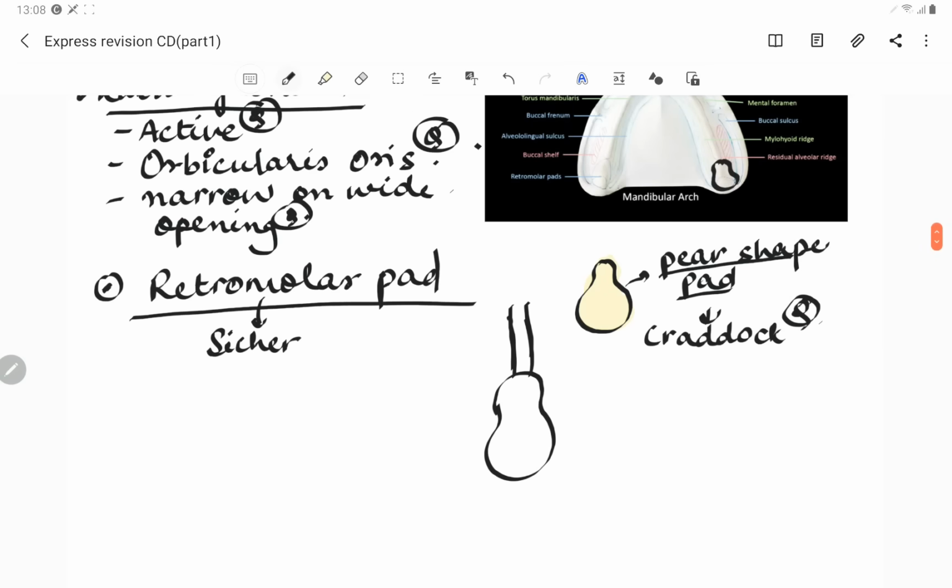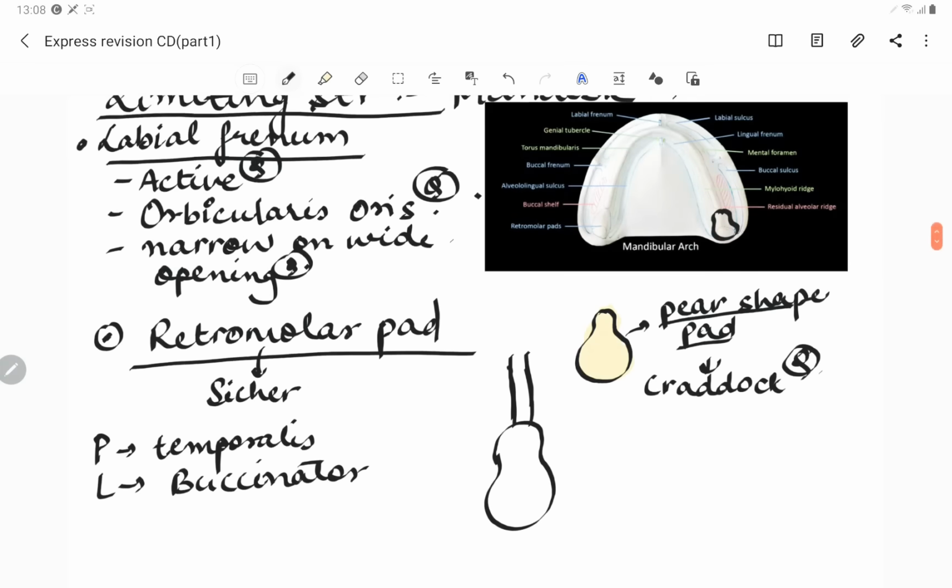Now crest of the ridge posteriorly is the tendon of temporalis, laterally is the buccinator. As we know, towards the cheek is always buccinator. So suppose this is the buccal area, this is the lingual, and here we are going to have the tongue, right.